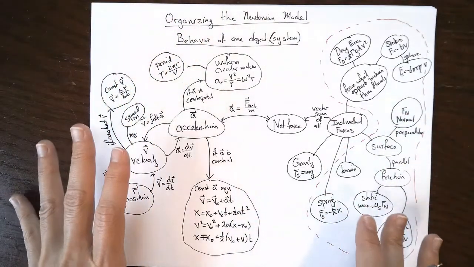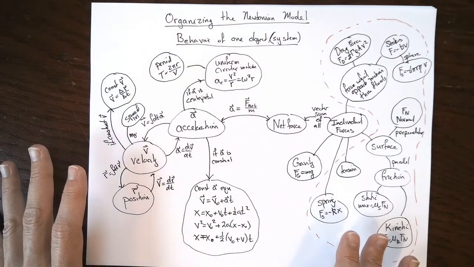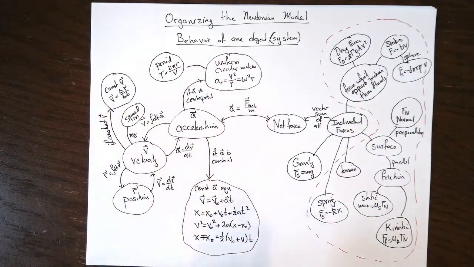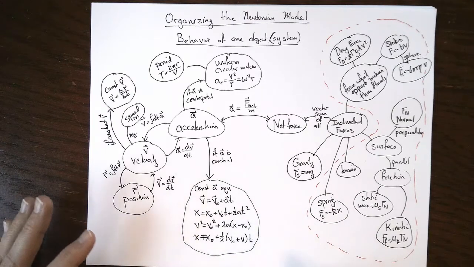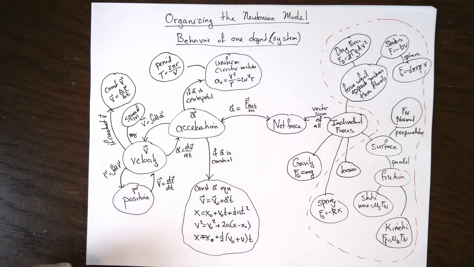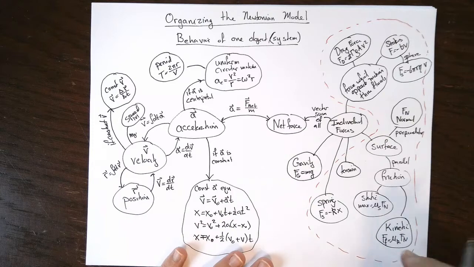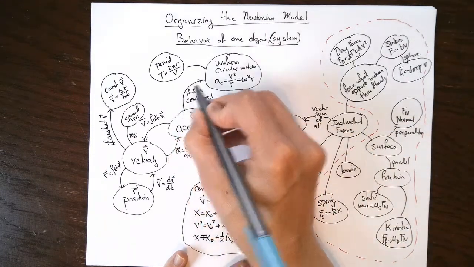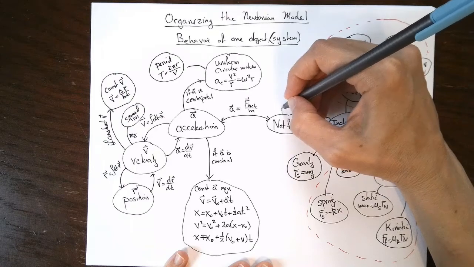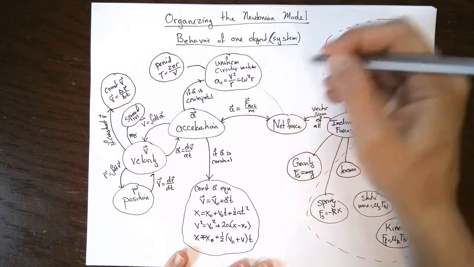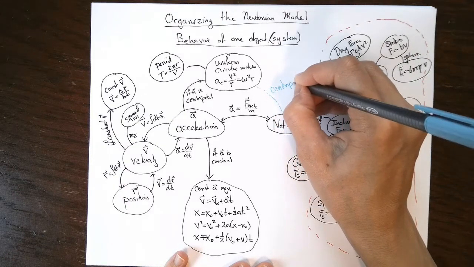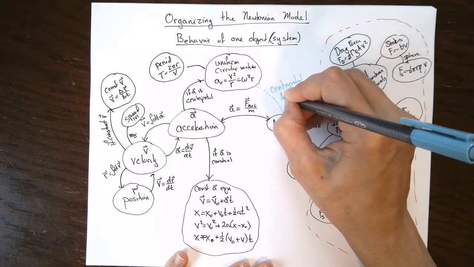Of course, there are some connections on here that we haven't laid out. These connections will always work, but occasionally we'll have a case where we do something so often that we can make a shortcut. For example, if our net force is creating a centripetal acceleration, we can just jump straight from net force by saying we have a centripetal force.